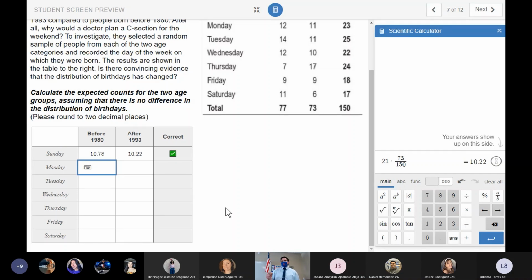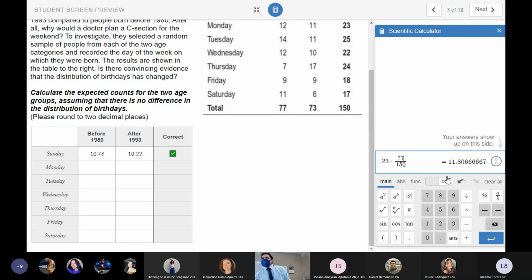Also, if you're not rounding properly, you might get marked incorrect, right? So like on this entry here from Monday before 1980, we need to have 23 times 77 divided by 150. We get 11.806666666.